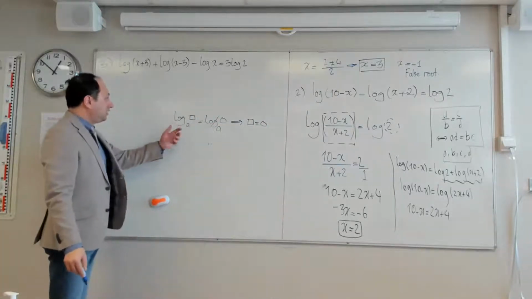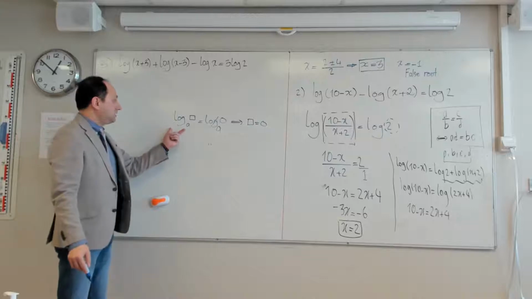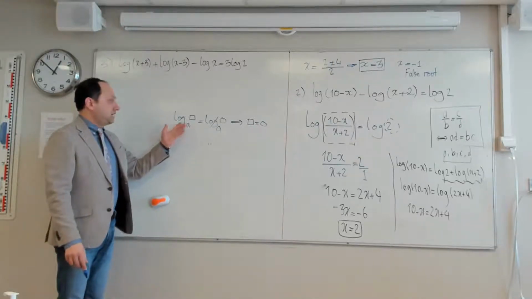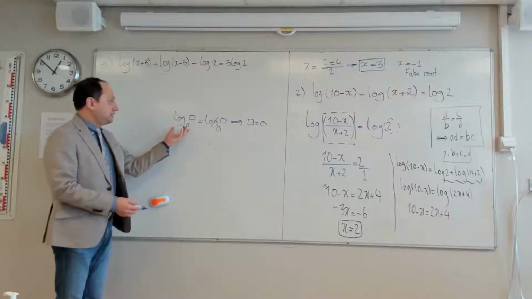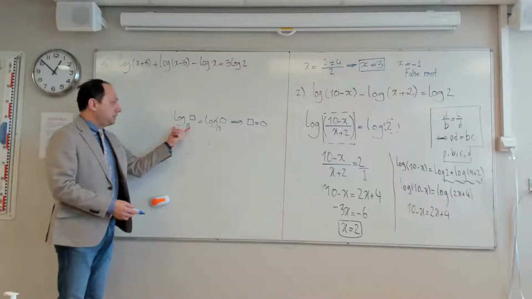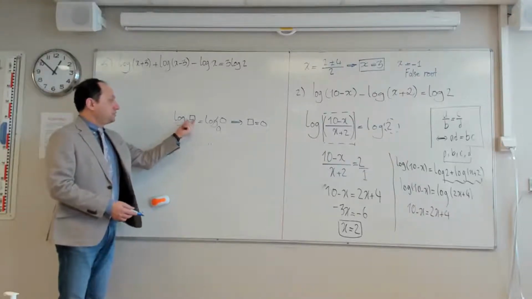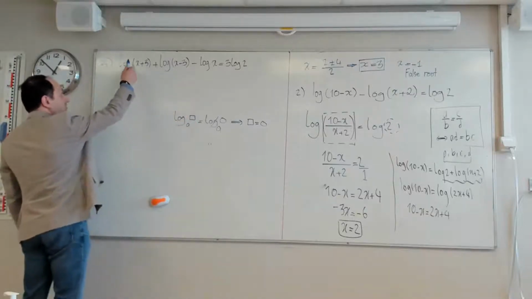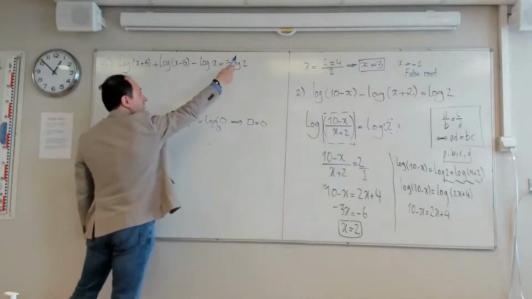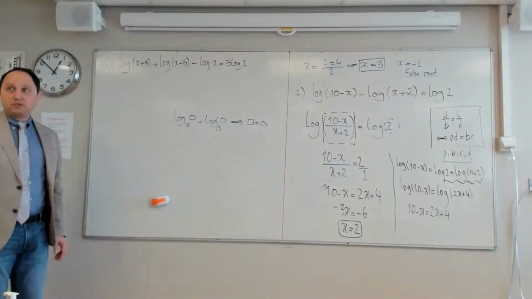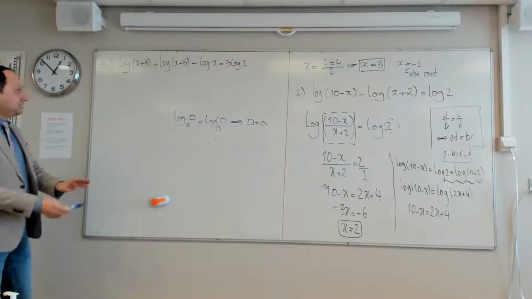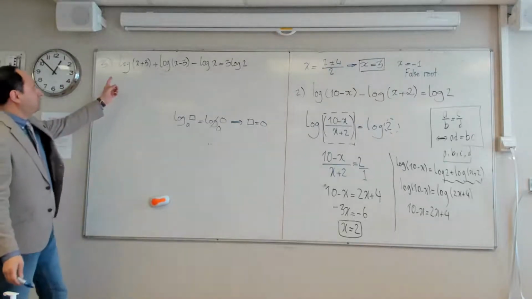No, log doesn't have any identity in its own. Log to the base a is not an independent identity. It becomes a number if you put something in front of it. So if you are being tempted to cancel logs everywhere, that is a big mistake. You need to correct it in your head right now. There is no exception. You are not allowed to cancel log.